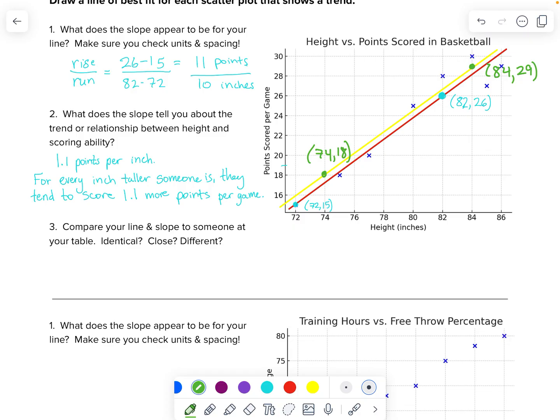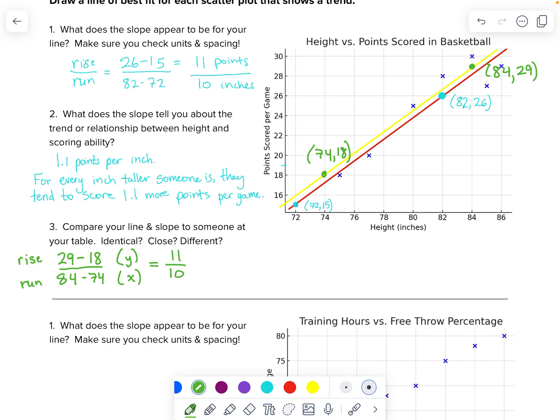So I would do the rise, which goes from 18 to 29. So 29 minus 18. And that's the rise, or the y values, over run, which is height, or x values. And that's from 84 to 74. And I would get, oh my goodness, what do you know? 11 over 10.